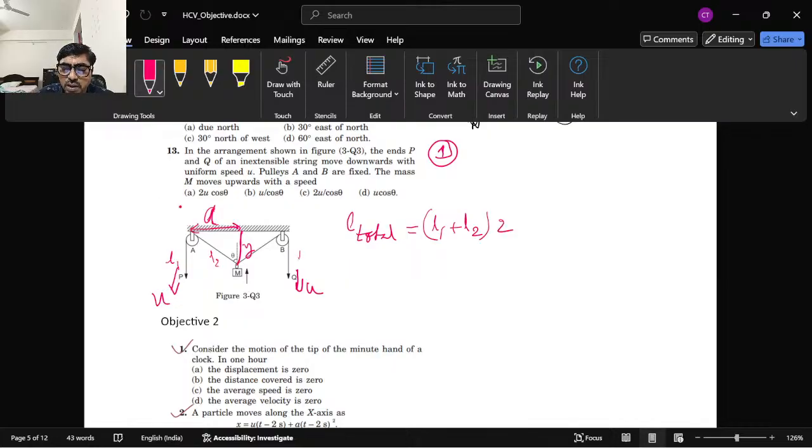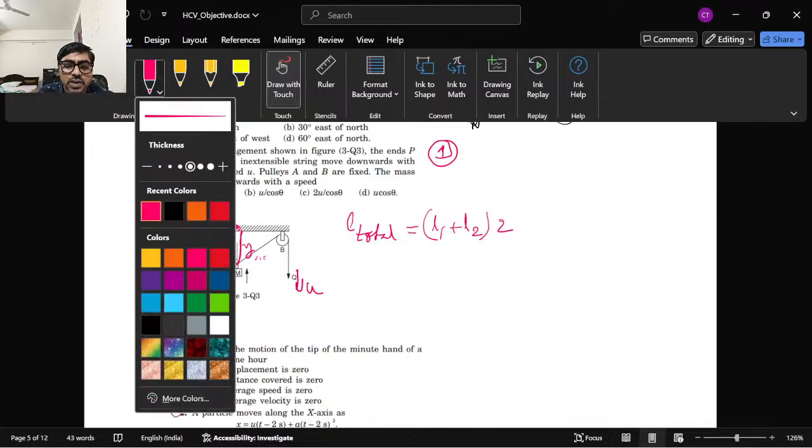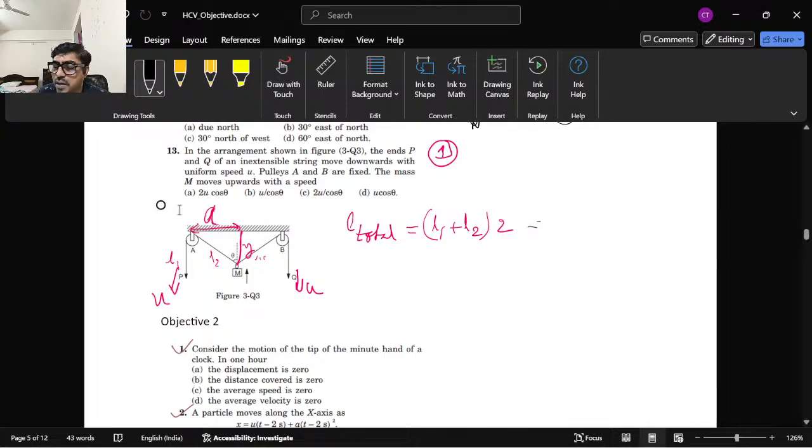This is L1, this is L2, L1 plus L2, 2 times, right side and left side. That has to be constant. So L1 plus L2 has to be constant. L1 plus L2 equals constant.